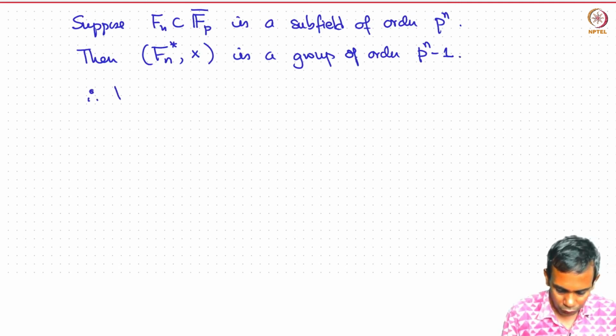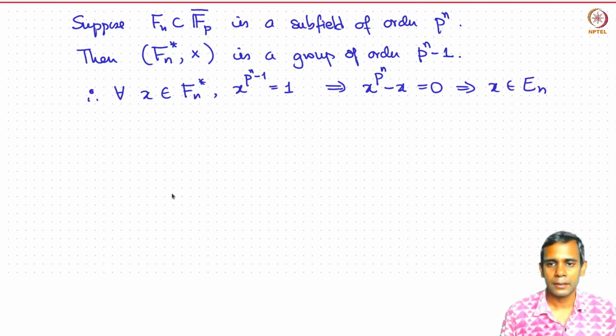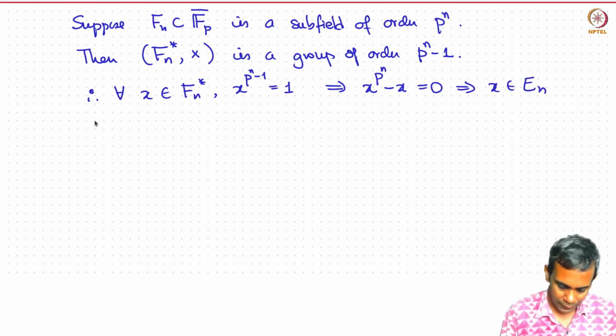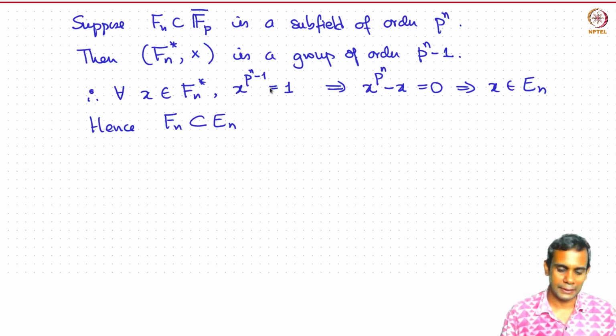Therefore, for every x in Fn star, x to the power p to the n minus 1 is equal to 1, which implies that x to the power p to the n minus x is equal to 0, which is just saying that x belongs to the field En that we had considered earlier. And hence Fn is contained in En. Of course, 0 is in En too, and every non-zero element of Fn is in En.